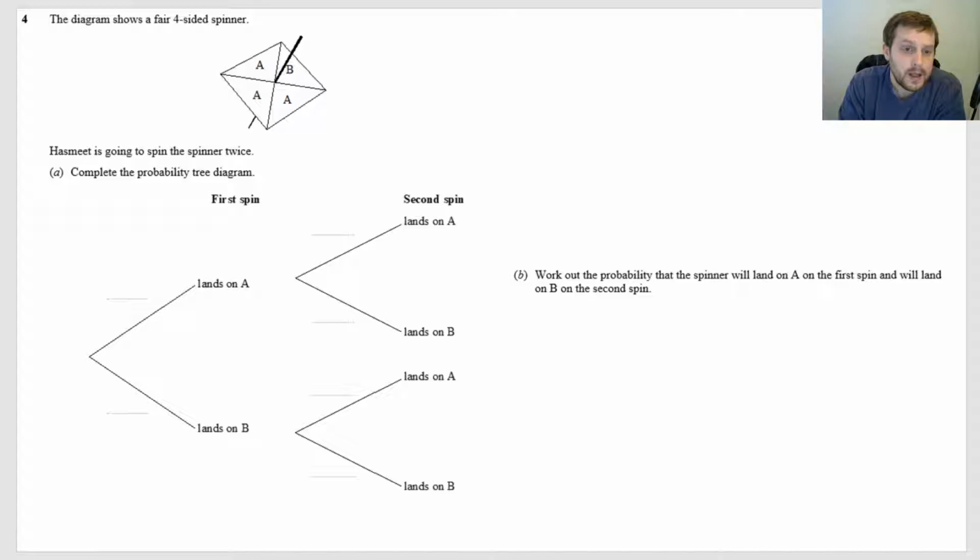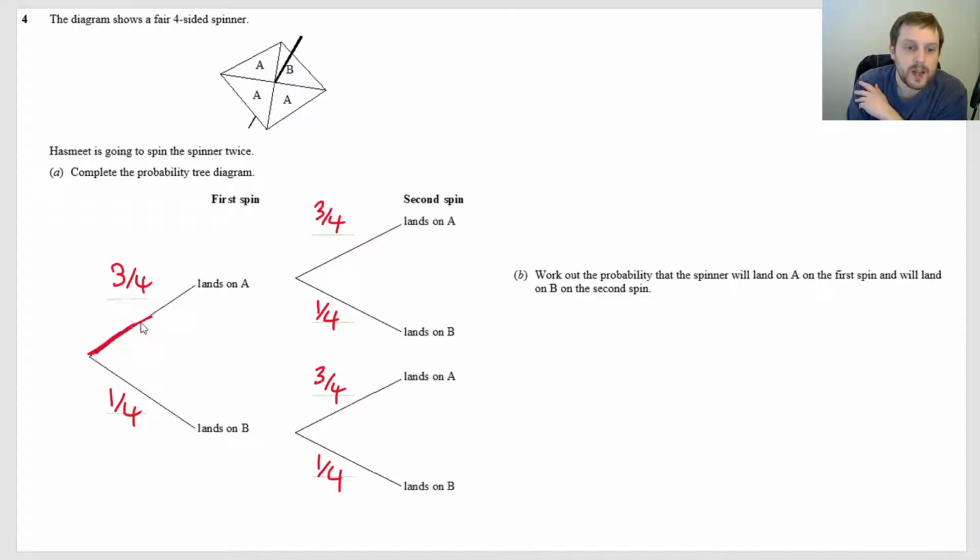So it's literally just going to be 3/4, 1/4, and then 3/4, 1/4, 3/4, 1/4. Then it says work out the probability that the spinner will land on A on the first spin.